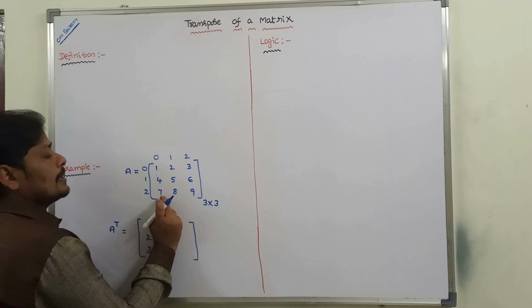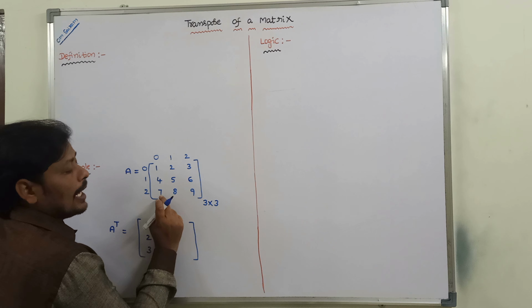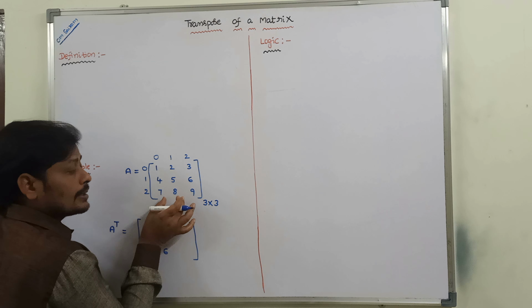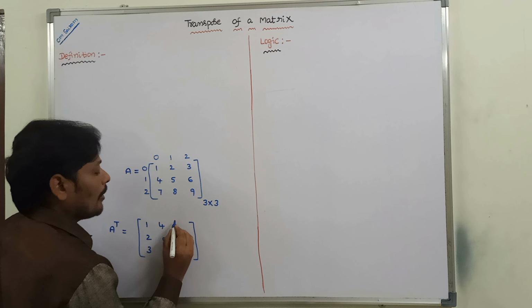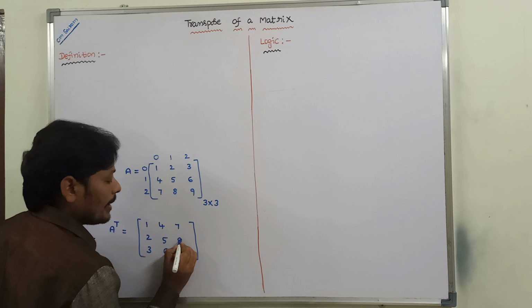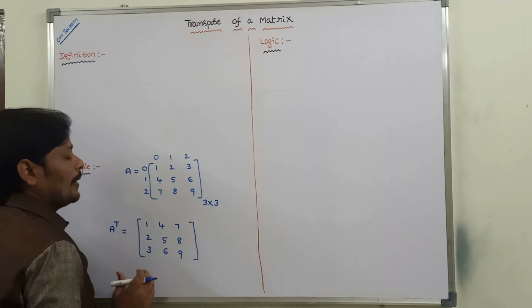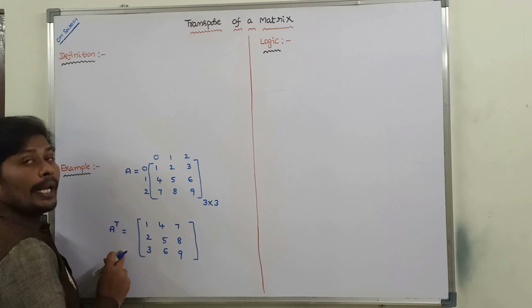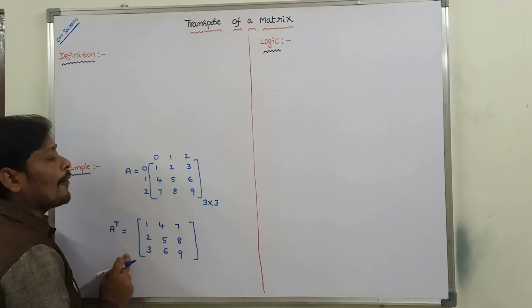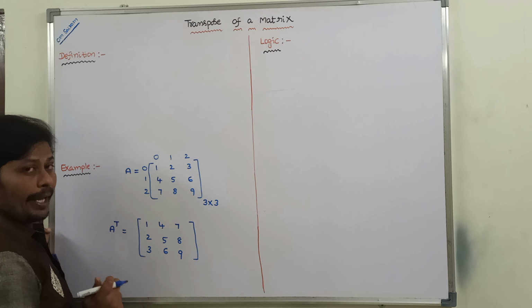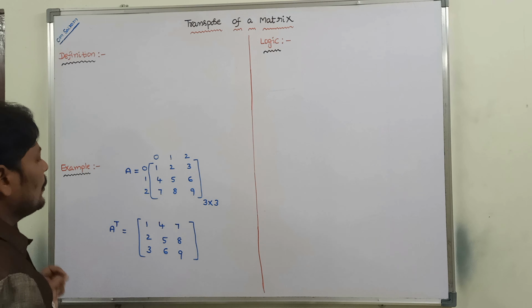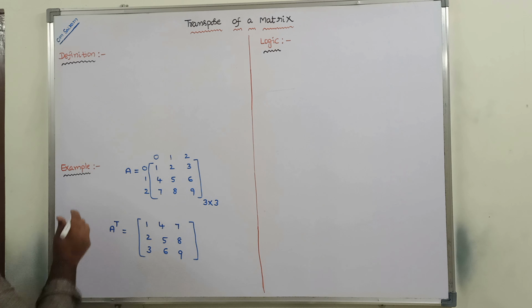Next, the third row contains the elements 7, 8, 9. The third row becomes the third column, 7, 8, 9. So this matrix is called the transpose of the given matrix A. Now we can go for the definition.